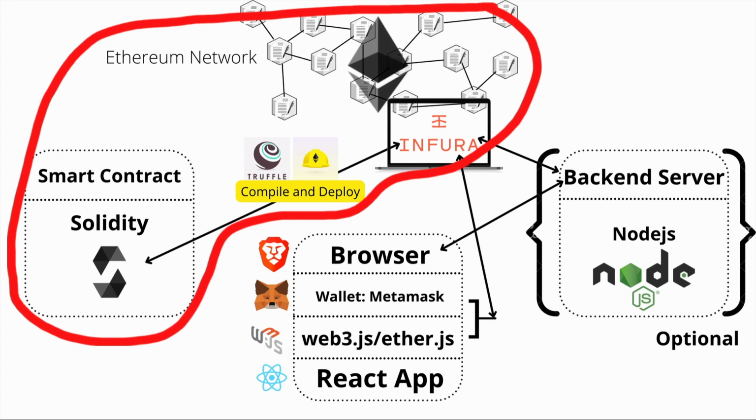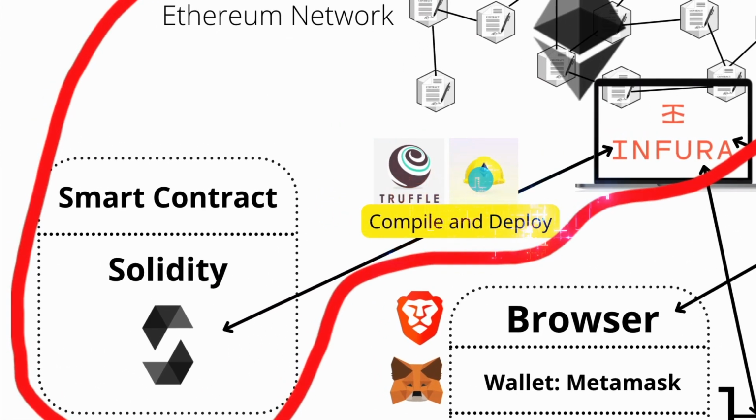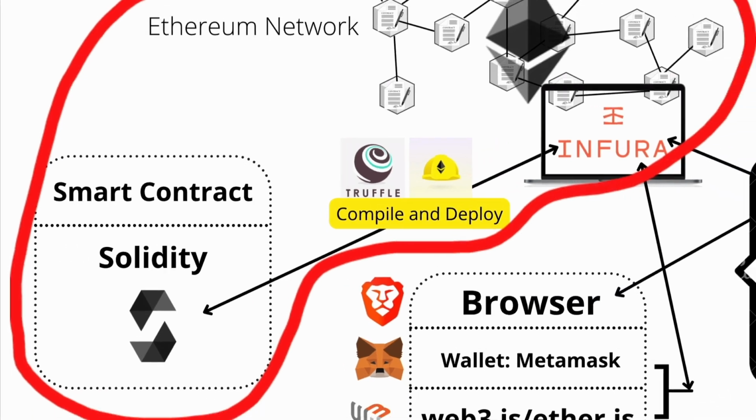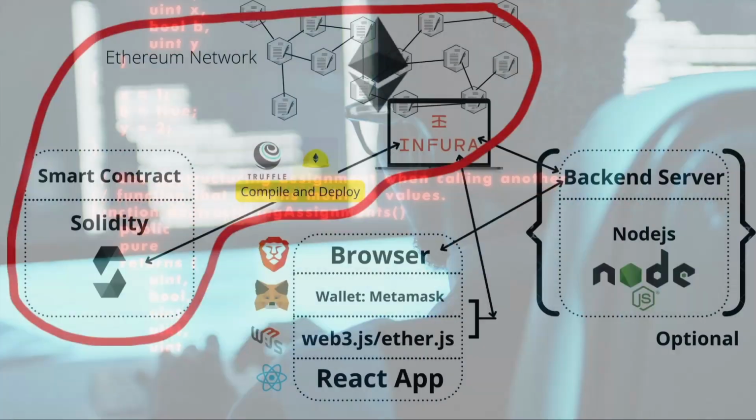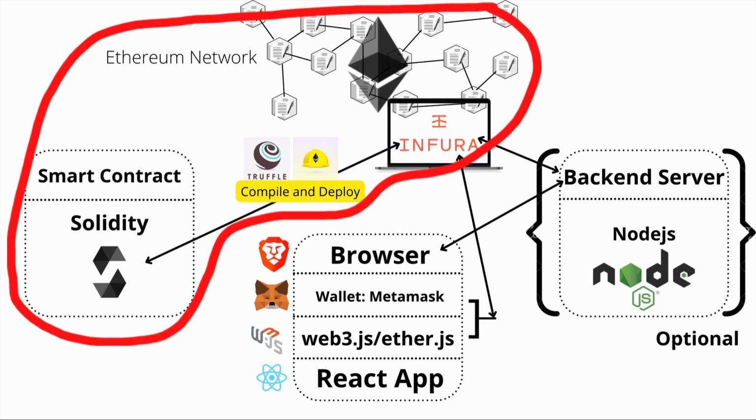So we can develop these smart contracts with the programming language Solidity. We can use a tool like Truffle or Hardhat to compile the Solidity code. And compiling here means taking the Solidity code and converting it into code that is made up of only opcodes for the Ethereum virtual machine.